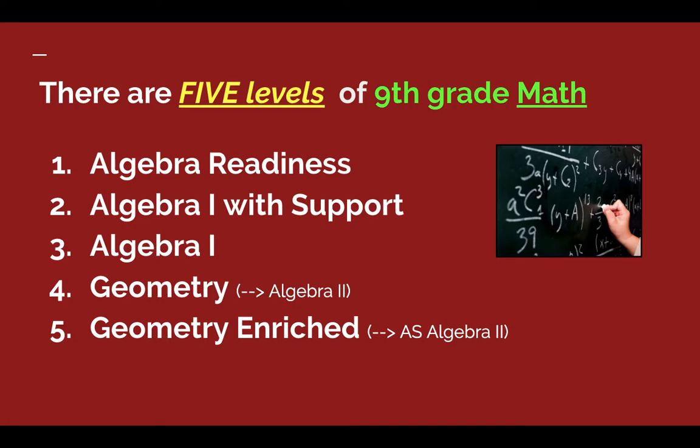There are 5 levels of 9th grade math: Algebra readiness, Algebra 1 with support, Algebra 1, Geometry, which leads to Algebra 2, and Geometry enriched, which leads to AS Algebra 2. Certain 9th graders may take more advanced classes based on their performance and test scores.